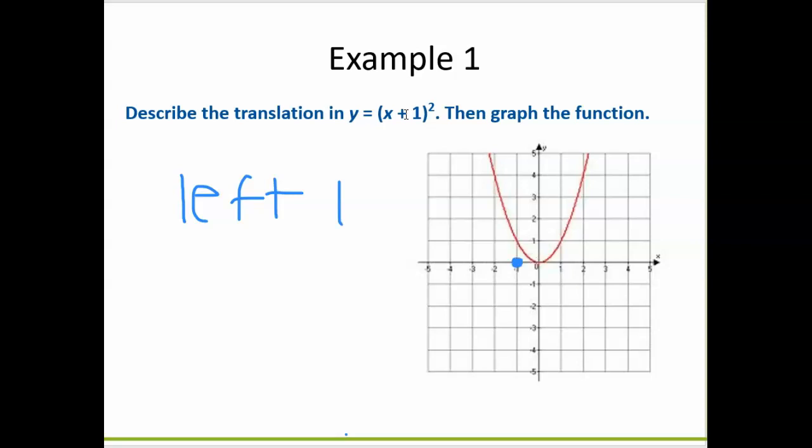A shift left 1 is going to move all of those key points to the left 1 unit. So the red is the parent, the blue is our translation left 1.